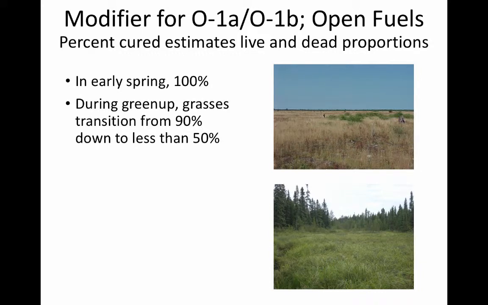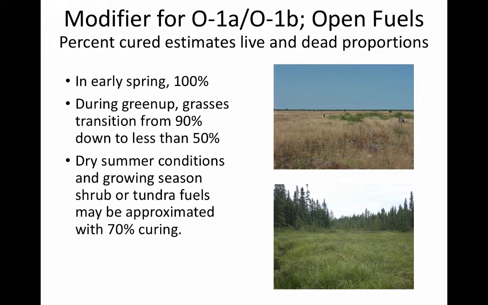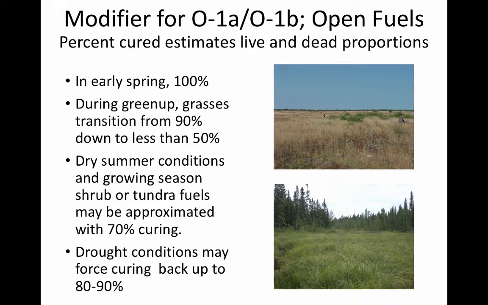In later spring and during green up, the curing percentage transitions from 90% down to less than 50%. When these grass fuels begin to carry fire again in the summer, that may be a signal that curing may have increased to 60 or perhaps 70% again. And under severe drought, fire spread may be best represented when the curing is set closer to 80 or 90%.